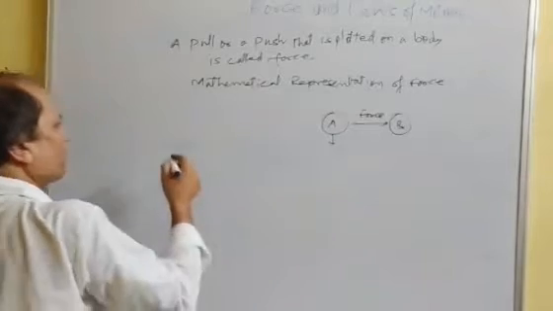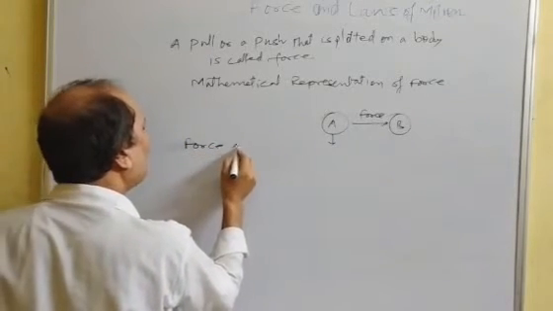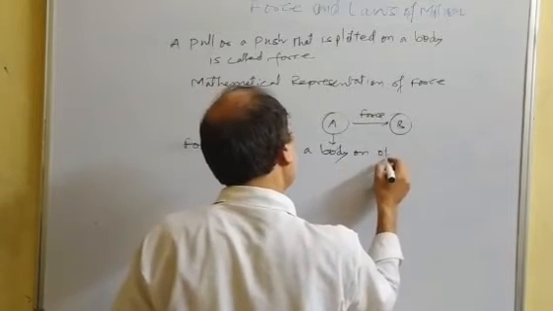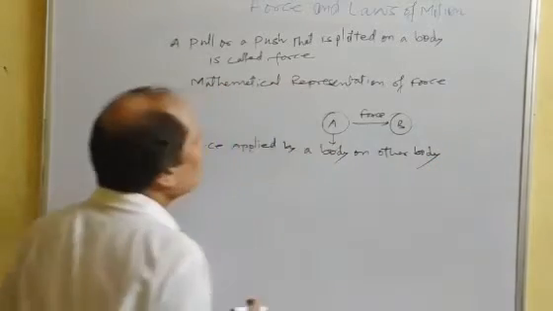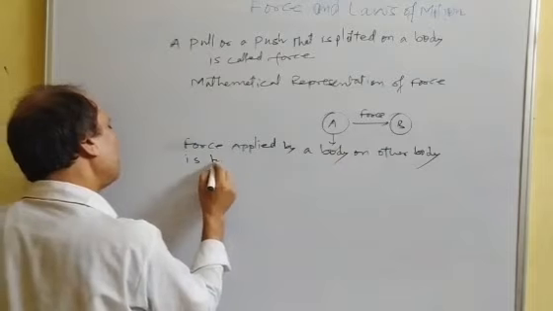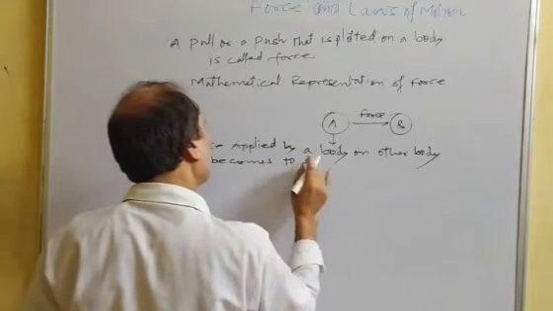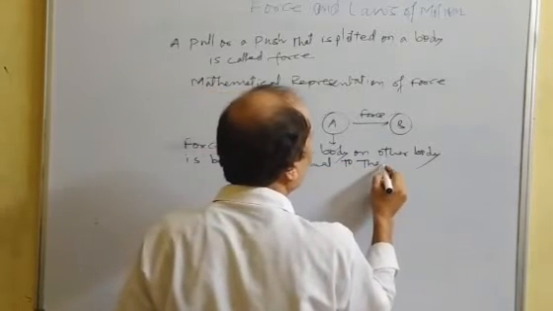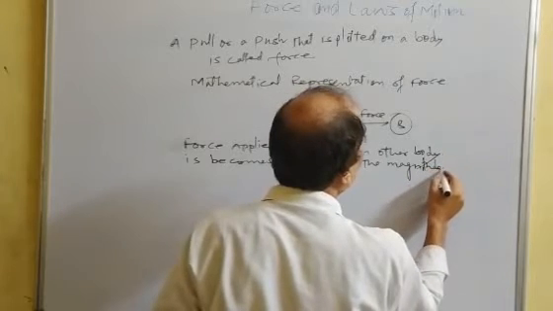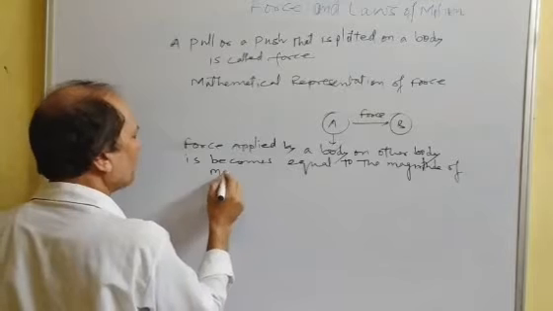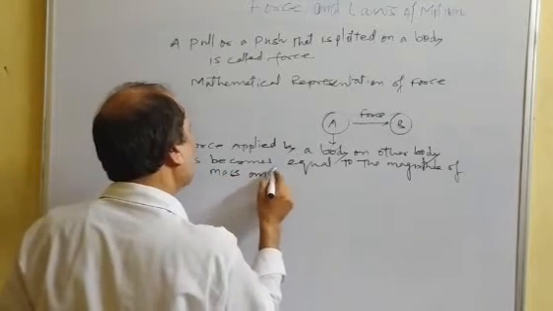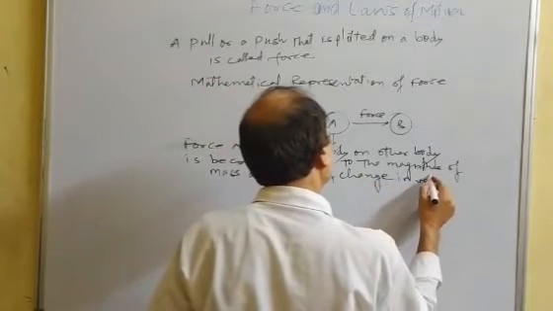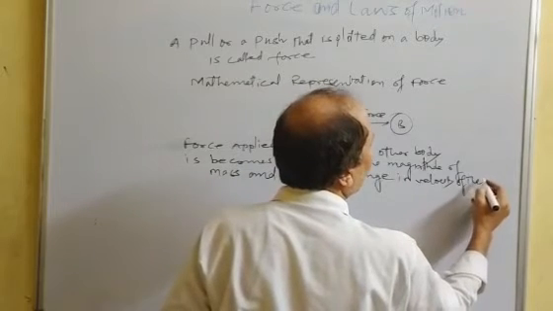So how does it happen? See this. Force applied by a body on another body becomes equal to the magnitude of mass and rate of change in velocity of the same body.